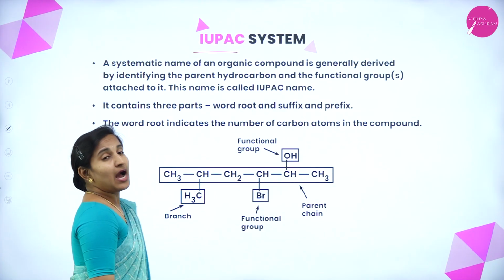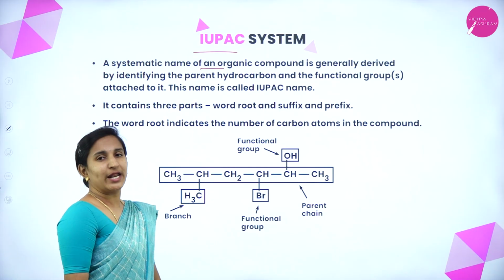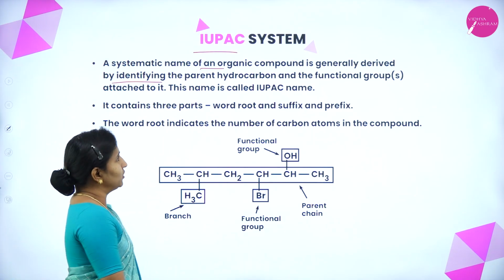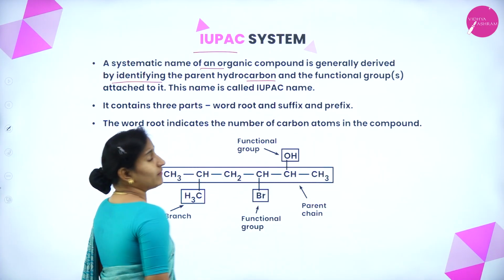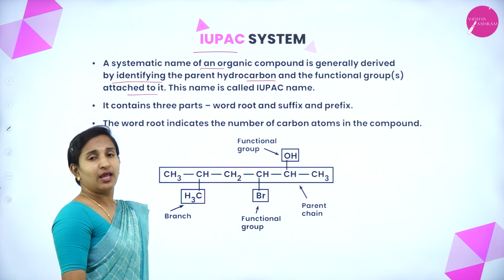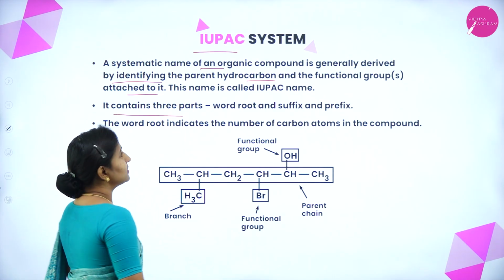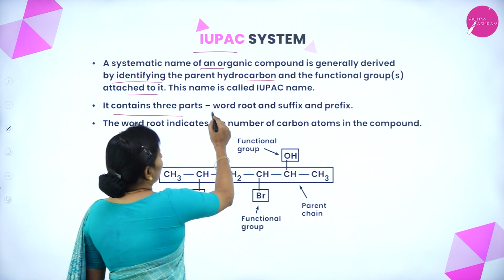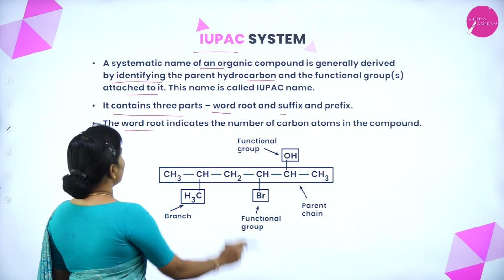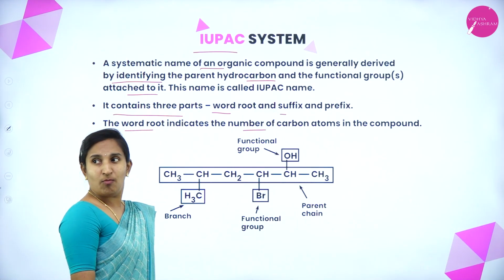In the IUPAC system, a systematic name of an organic compound is generally derived by identifying the parent hydrocarbon and the functional groups attached to it. This name we call the IUPAC name. It contains three parts: root word, suffix and prefix. The root word indicates the number of carbon atoms in the compound.